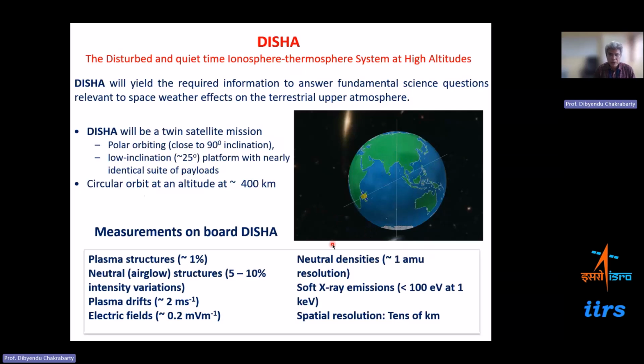These 2 satellites will have various measurements, which are listed below, so that we are able to make an assessment of what kind of disturbances, what impact the ionosphere or thermosphere will have, and so that we can not only understand the physics of the Sun-Earth coupling, but also make better forecasting models.